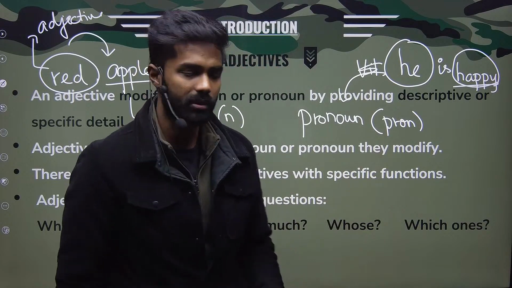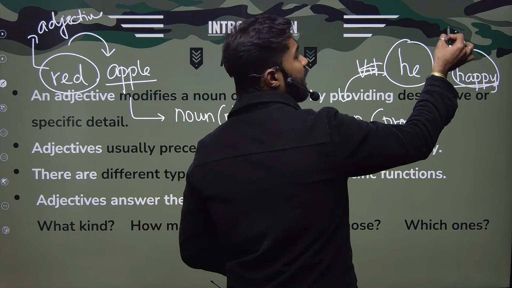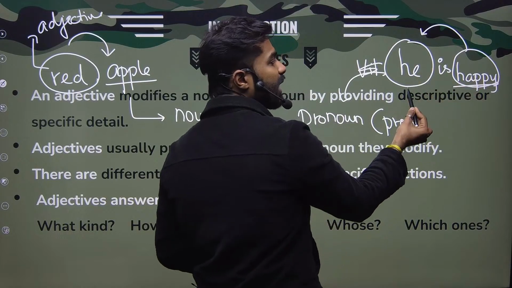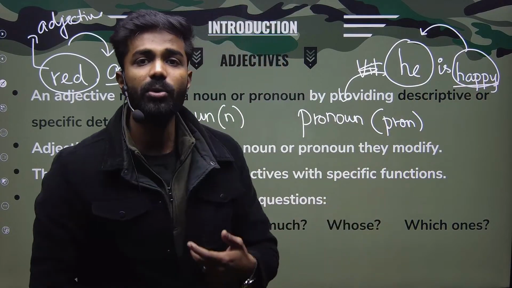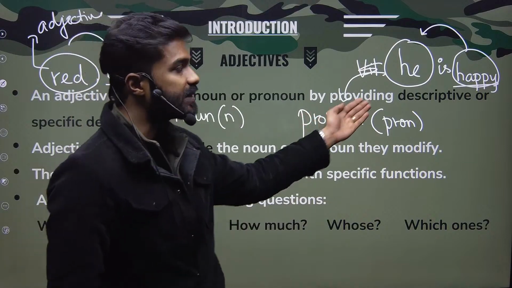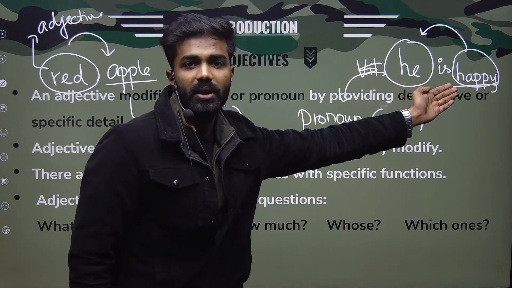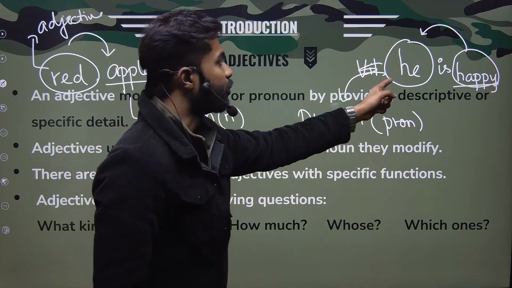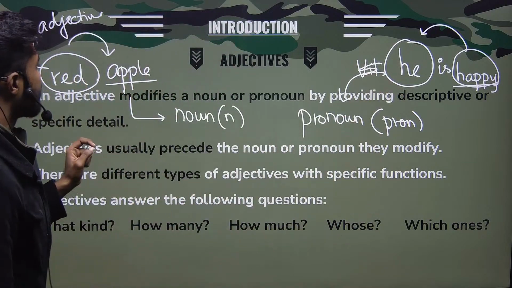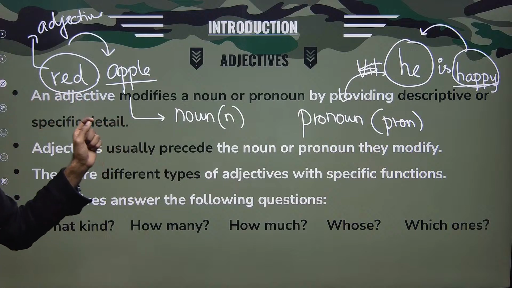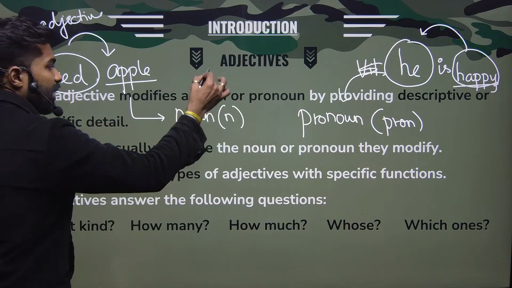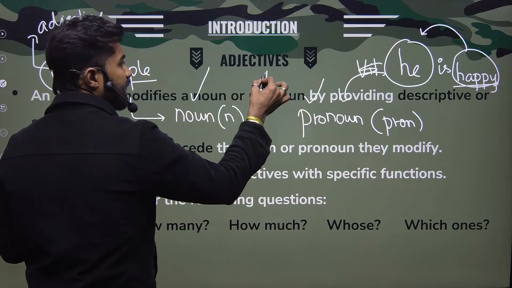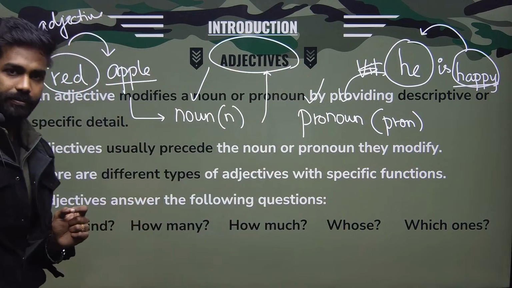Giving an emotion. This happy is giving additional information to him. How is he? He is happy. So this is giving me an extra specification or additional detail to my pronoun. So anything which is giving me an extra detail to my noun and pronoun, I call it my adjective. Clear?